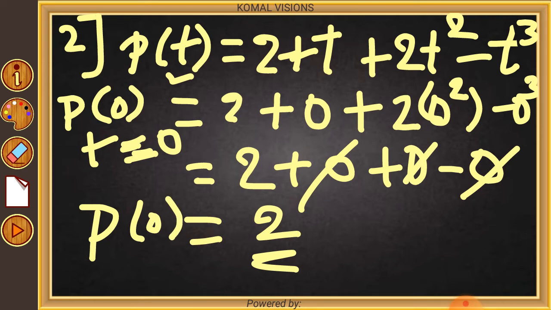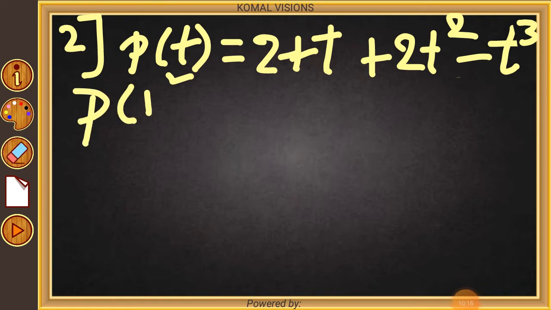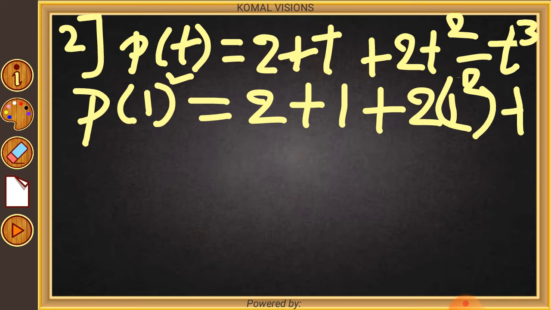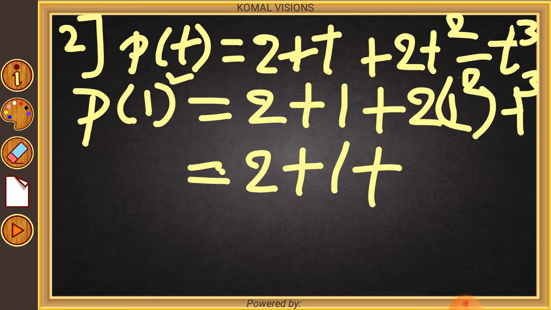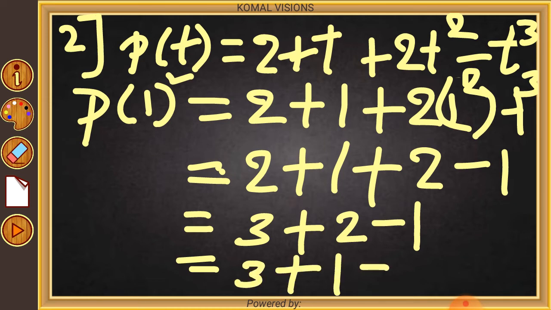Okay, next p of 1 will be 2 plus 1 plus 2 into 1 square minus 1 cube, which means 2 plus 1 plus 2 into 1 square is 2 again, minus 1, which is equals to 2 plus 1 is 3, plus 2 minus 1, I'll continue as it is, 3 plus 2 minus 1 is 1, which is equals to 4.